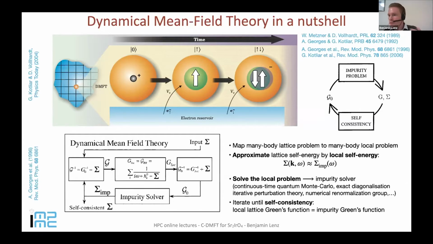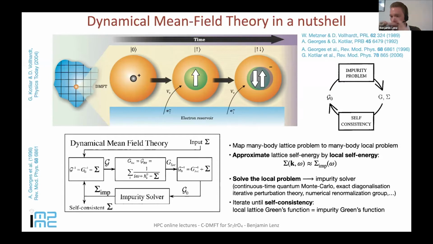So you start with a certain guess of the self-energy, of the local self-energy. You calculate the central quantity of the full theory, which is the so-called Green's function, so the propagator of electrons in the lattice in the end. And then you will only retain the local part of the lattice Green's function in order to construct an effective bath, which you then solve on the level of the impurity solver.